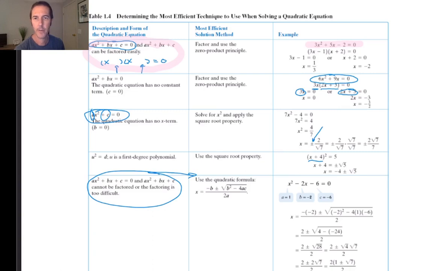On the other side of the card I might write, since my a value is 3 and not 1, use the AC method. And then on my next flashcard, or whatever digital version of flashcards you want to use, put this second equation and put sort of a brief sketch of the solution process, or put the entire solution process on the other side of the card.